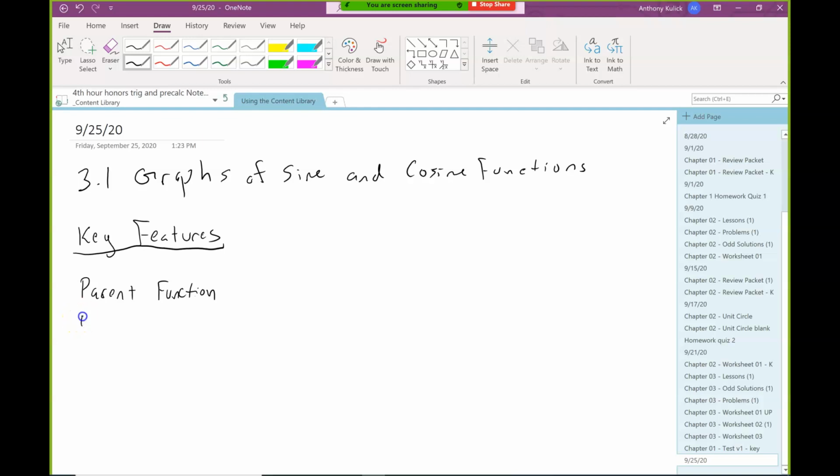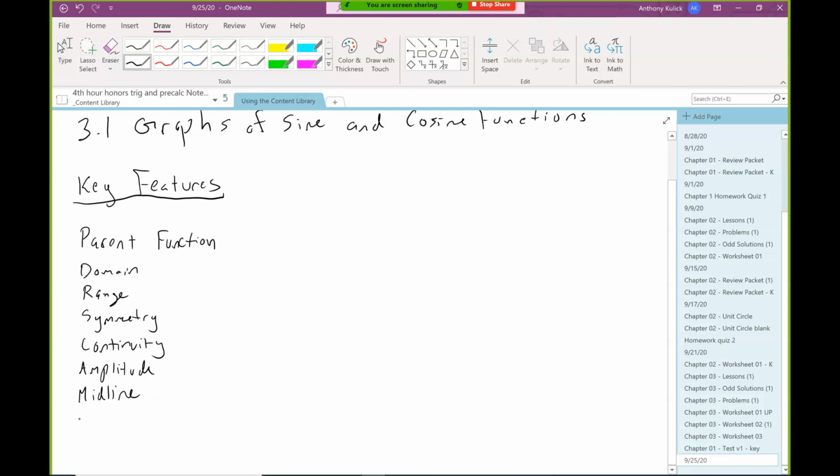We have a domain, range, symmetry, continuity, amplitude, midline, period, and frequency.